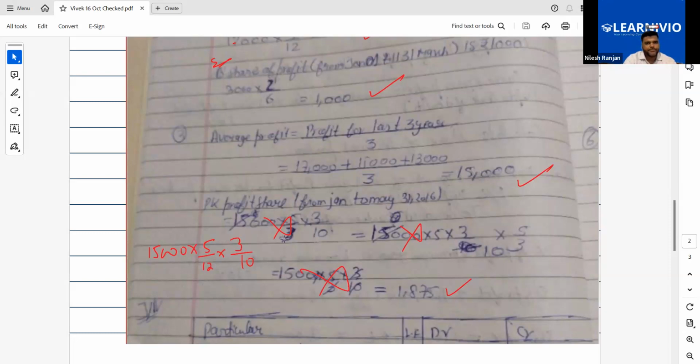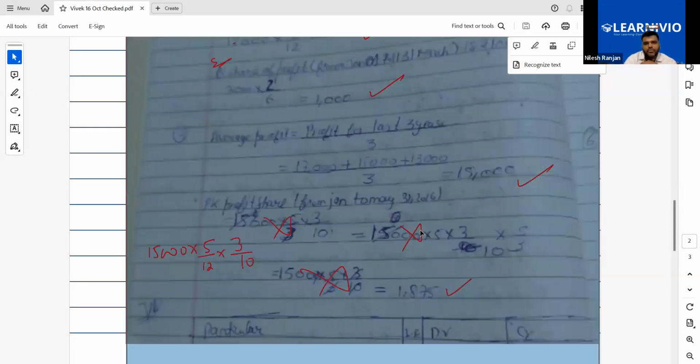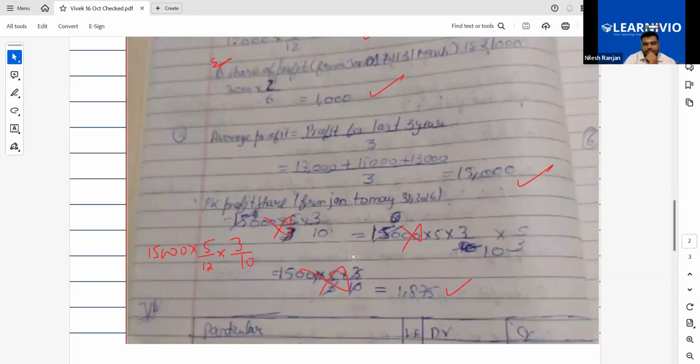is correct. After that, the profit share from January to 31st May 2016. Now you have written 15,000 into 5 by 3 into 3 by 10.